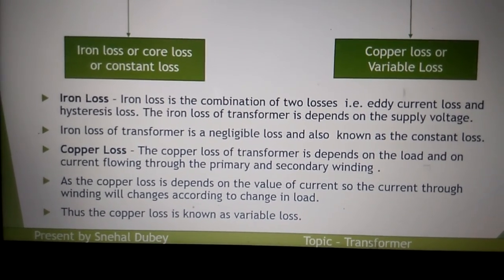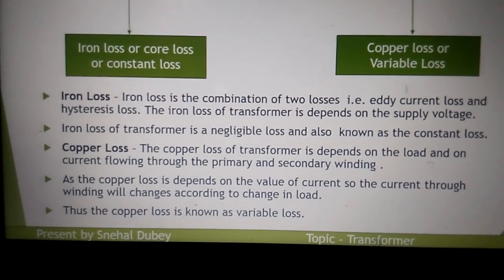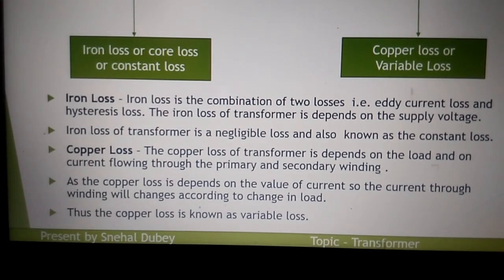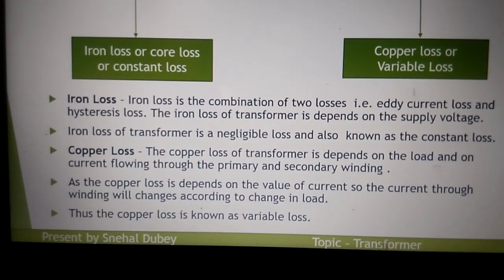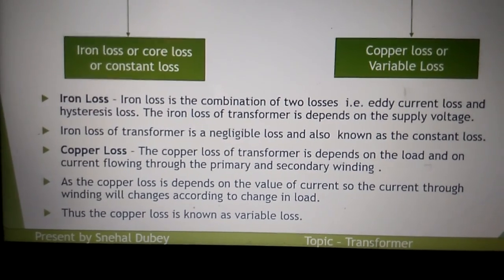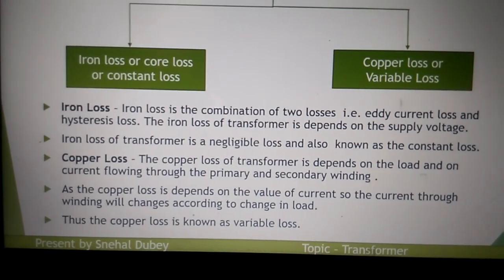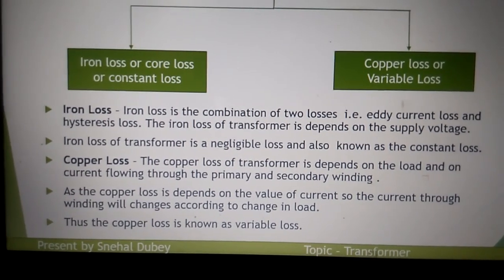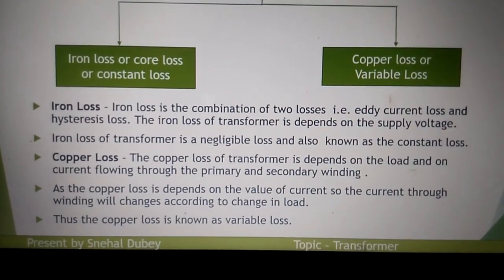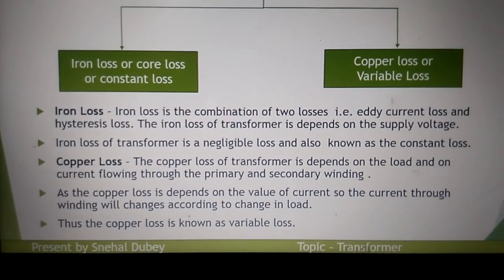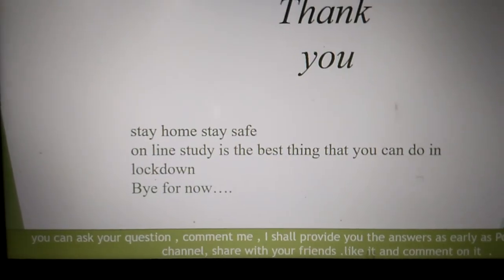Therefore the copper loss is considered a variable loss. We can also write it as, the copper loss is also known as I square R loss. I स्क्वायर, that means current. अगर आप प्राइमरी का निकालोगे तो ये हो जाएगा I1 का स्क्वायर R1. अगर आप सेकेंडरी वाइंडिंग के साइड का निकालोगे तो ये हो जाएगा I2 का स्क्वायर इंटू R2. Okay, this is about the losses.